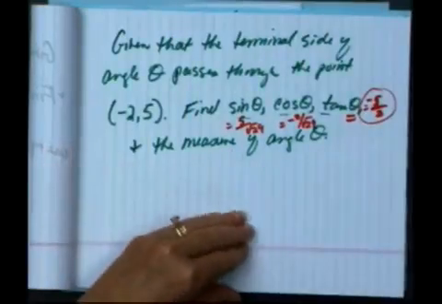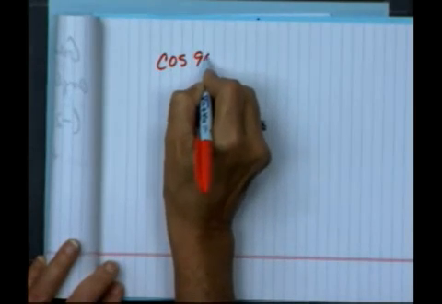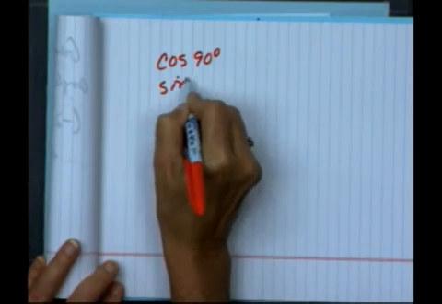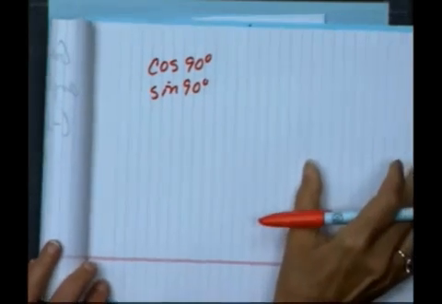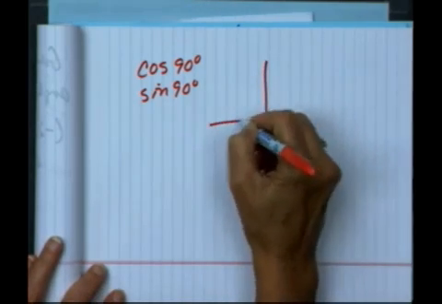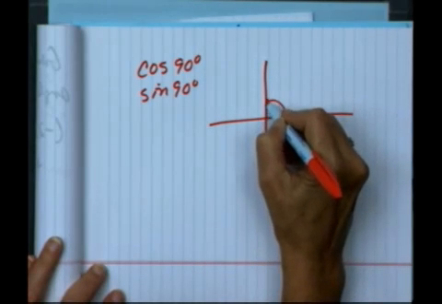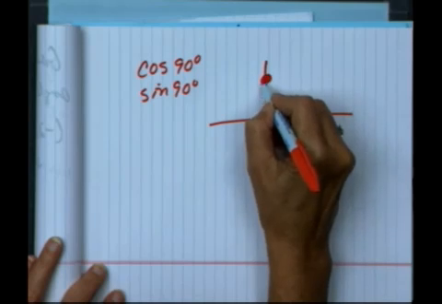So we're doing some general angles. How are we going to deal with something like the cosine of 90 degrees and the sine of 90 degrees without punching away in our calculator? All right, let's see where we are on the coordinate system. If I'm at 90 degrees, I'm right here.